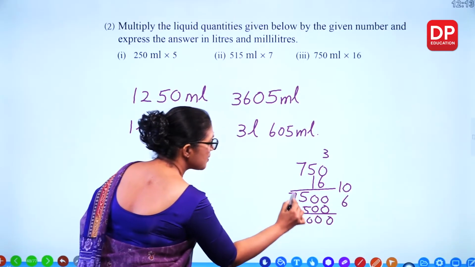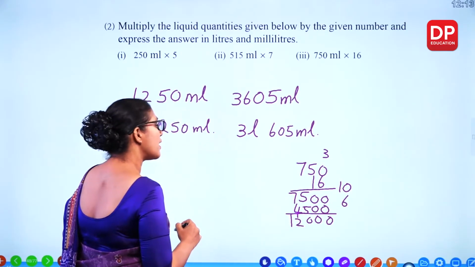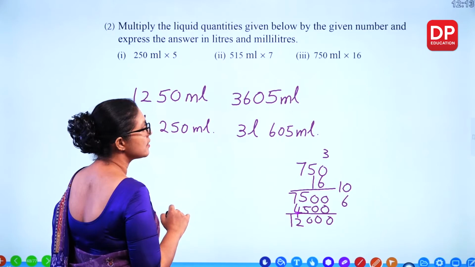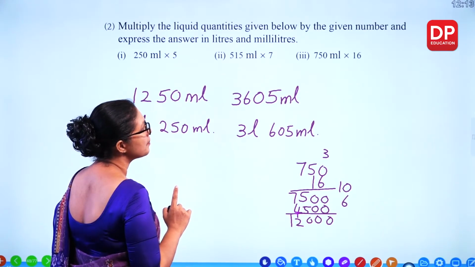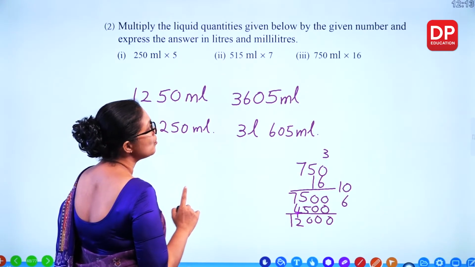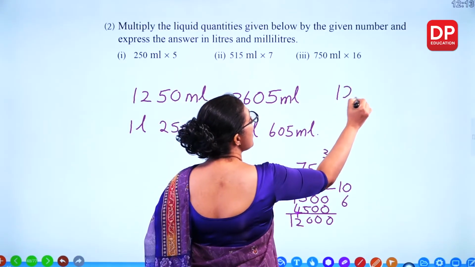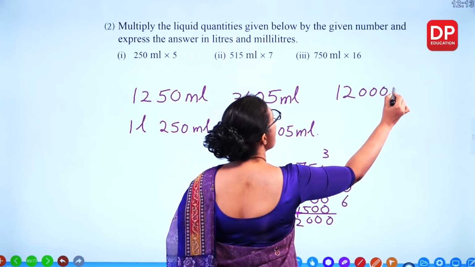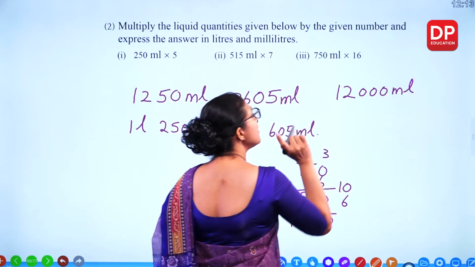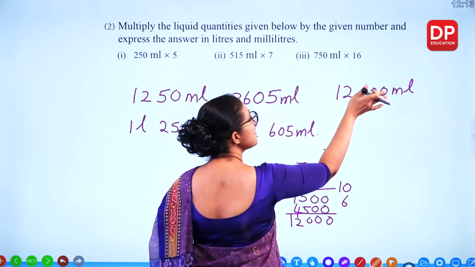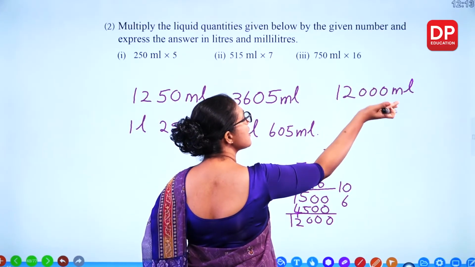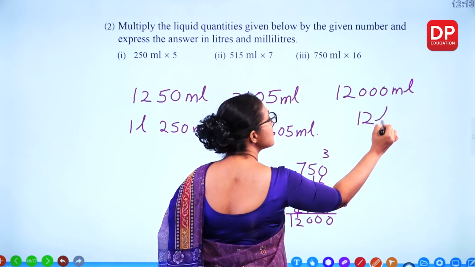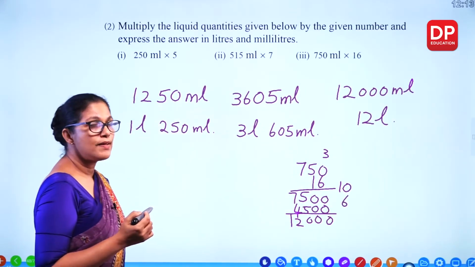Now add it. So you get 12,000. So how do we write 12,000? First you write 12,000 milliliters. Convert to liters. Divide by 1000, which means these 3 zeros get cancelled out. So what's the answer? You get 12 liters.